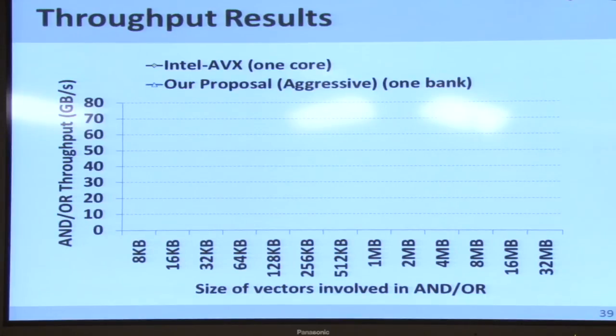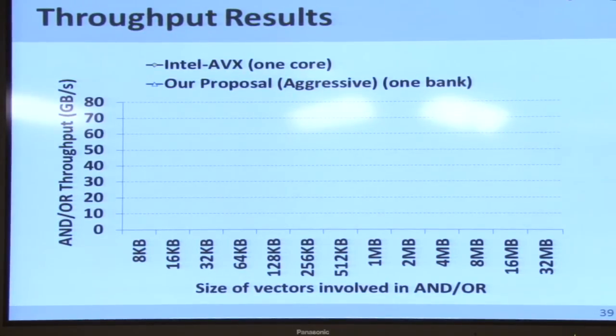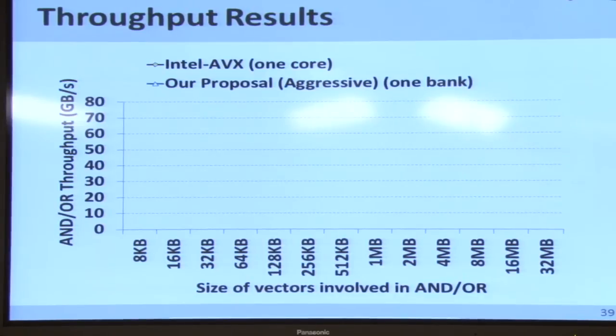So what do you expect will happen to the throughput as the size increases on the Intel AVX processor? It should decrease. Because as the vector size gets larger, Intel AVX probably has a maximum size for each vector, so with each SIMD operation you can only do so many bits.